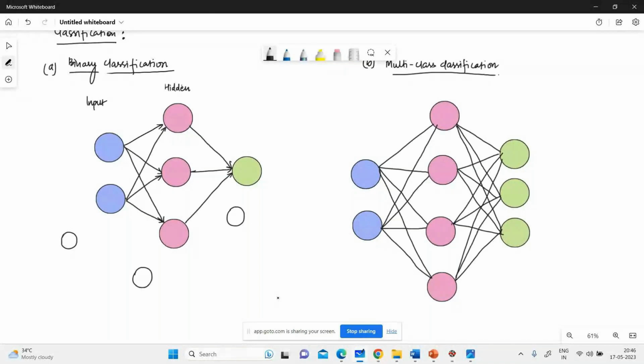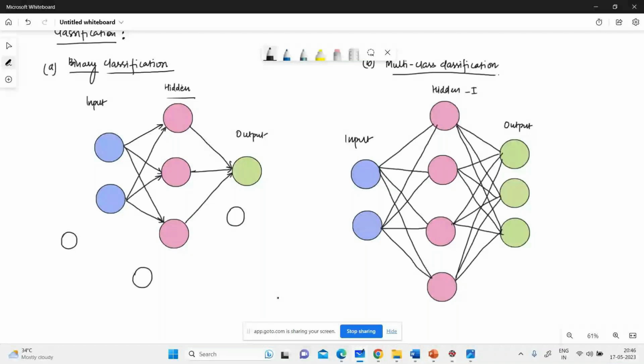There can be multiple hidden layers, but the first layer will always be considered your input layer, and there will be the output layer as well. Similarly, here also it is the input layer. This is your hidden layer, which is one layer of hidden. As I told you earlier, there can be multiple hidden layers. If I attach one more layer, that will be called hidden layer number 2. This is your output layer, which has multiple outputs. Why are multiple outputs there? Because we are dealing with multi-class classification.